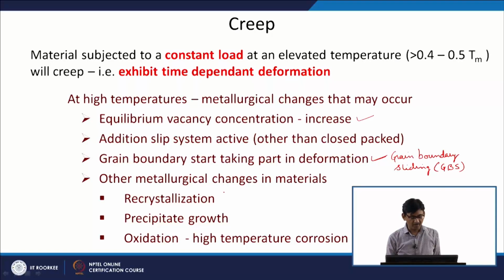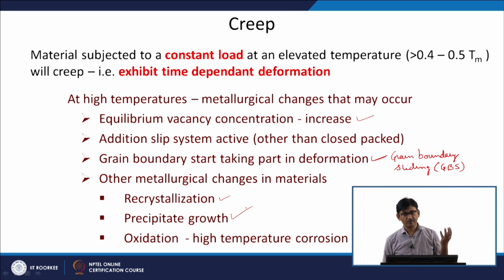Other metallurgical changes which may take place: you will have a recrystallization process at high temperature. Precipitate growth will always take place at high temperature. You will have more diffusion of atoms, solute atoms, so precipitate growth takes place.